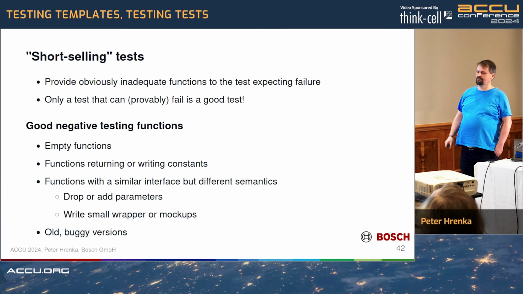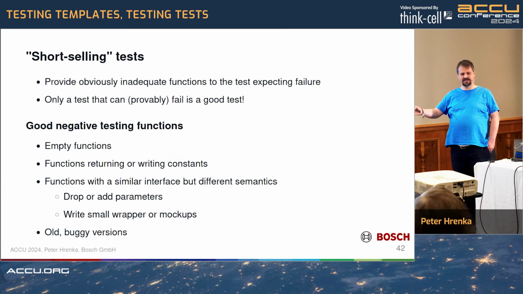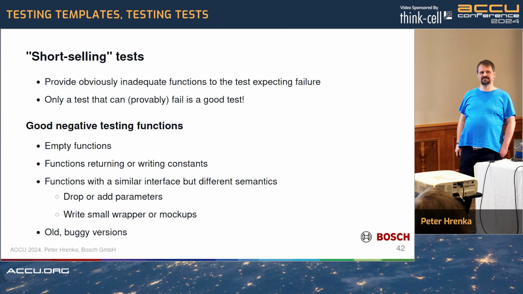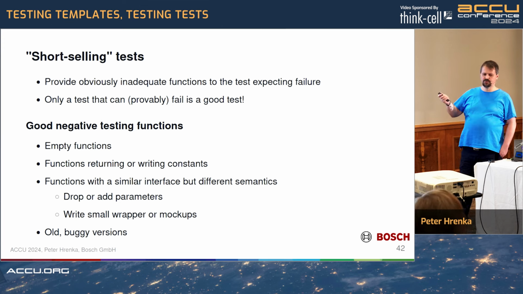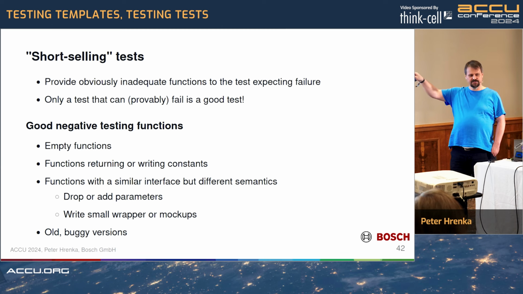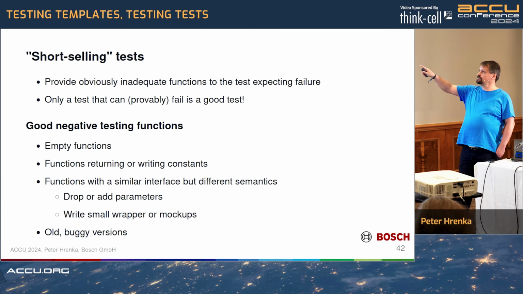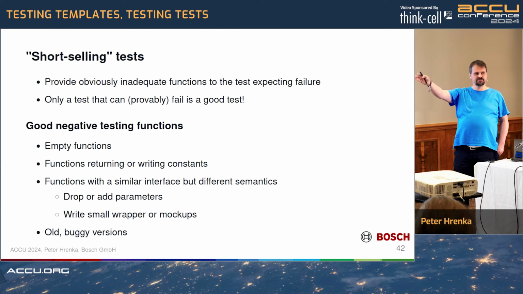So the idea is to do some short selling of tests. I have a test, and I say, okay, I don't trust that test, so I wouldn't buy stocks of that test. That's not good. So what can we do? If the function to test is a parameter, we can provide some functions that we're pretty sure won't pass, or shouldn't pass the test.